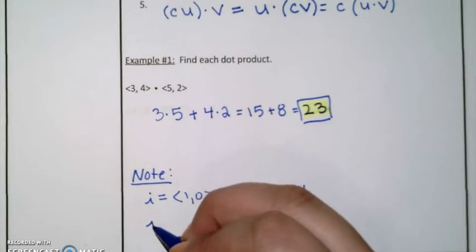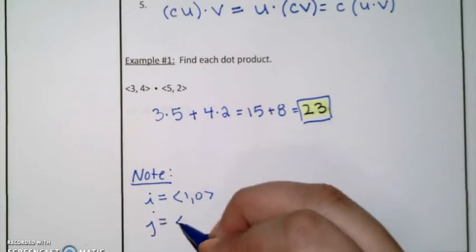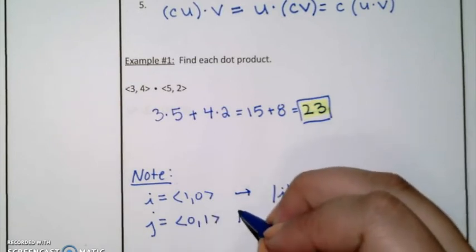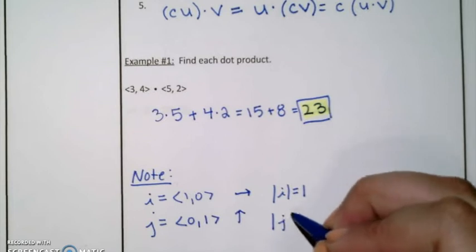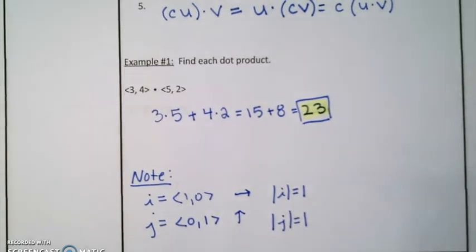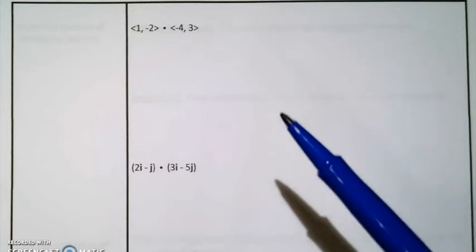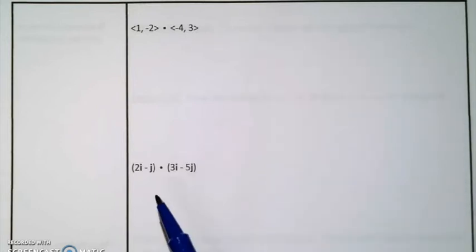And then similarly, the j vector is our unit vector that moves vertically. So it moves vertically 1 unit, and the magnitude of j is also always 1. So these are two vectors that we use commonly when we're looking at only horizontal and vertical components of the vectors. Okay, as you can see, you'll do these two examples on your own, but you'll need to know the definitions of the vectors i and j for this last part of example 1.